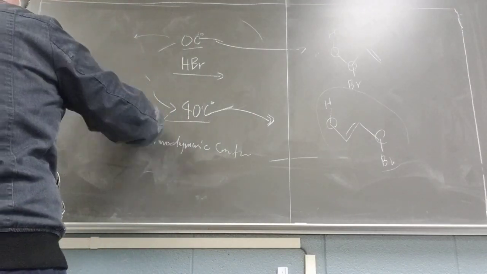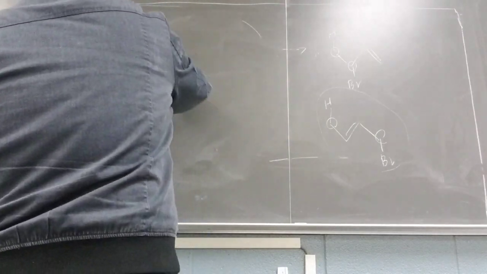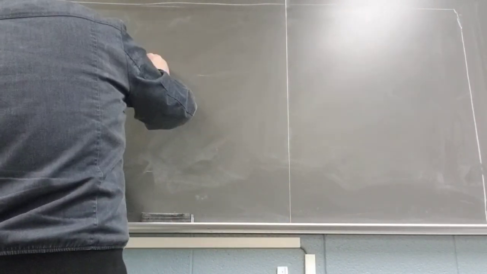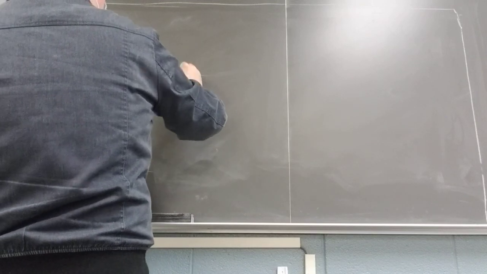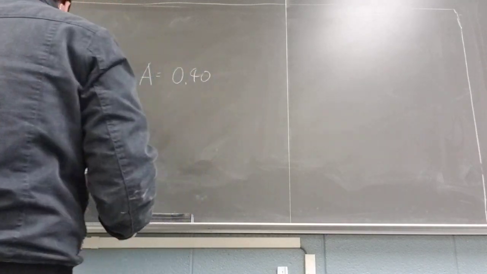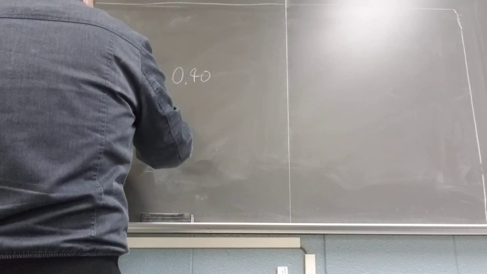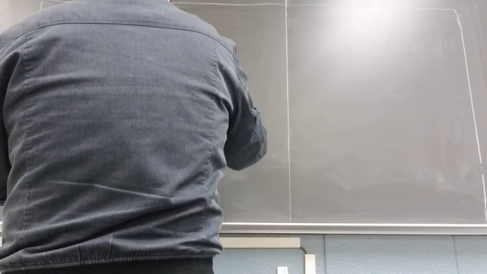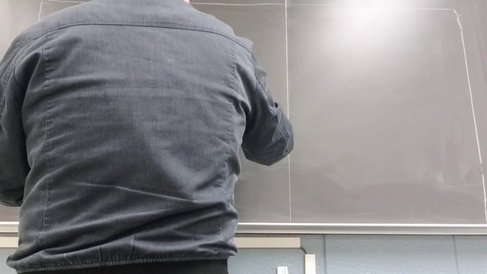Okay, let's move on. Okay, so the next one is here. You have an absorbance value, it's about 0.40, and you have epsilon, molar absorptivity, about 2.0 times 10 to the 5.